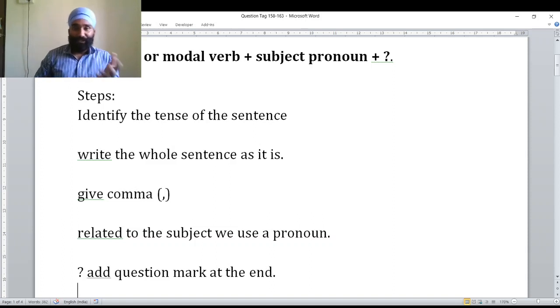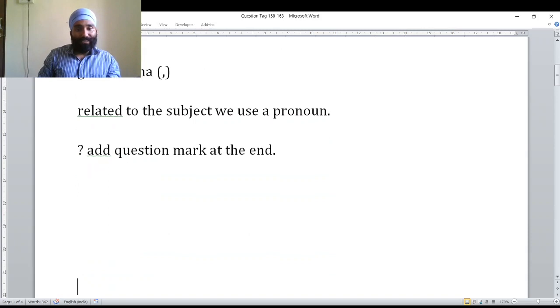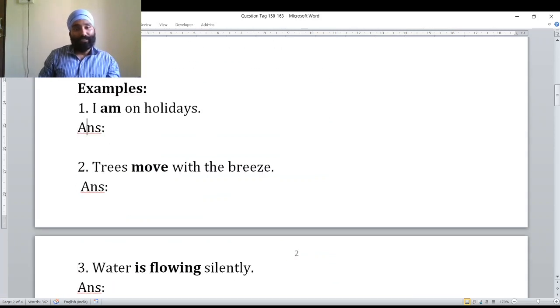And these are the steps to make a question tag. Now let us see some examples. Here I have taken 10 types of sentences. These 10 sentences represent different forms, different helping verbs, different subjects also. So how to use question tag in that? Watch carefully and fit it into your mind.